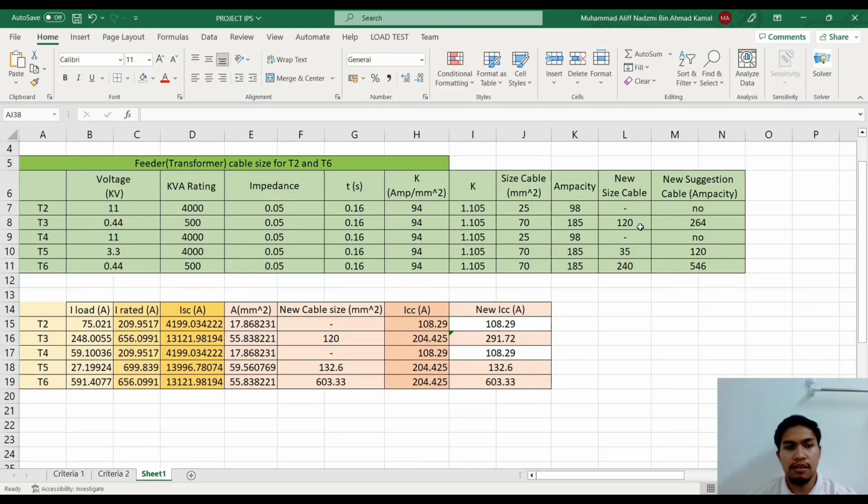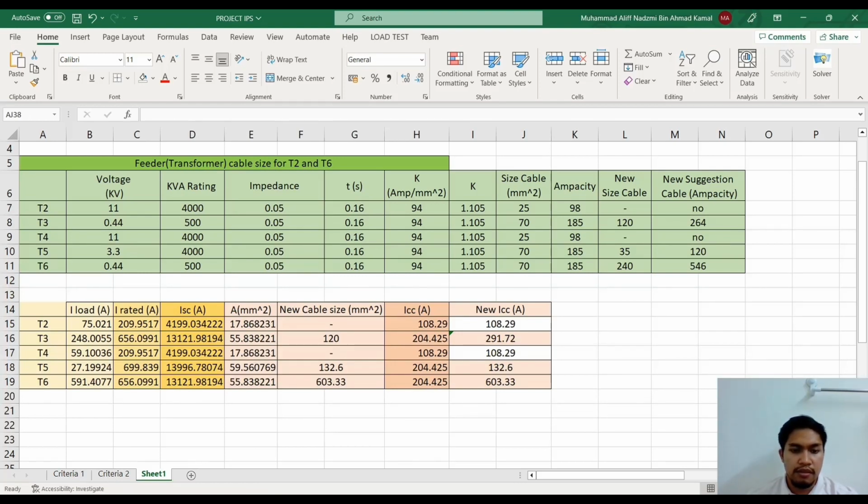For example, for T3, T5 and T6, we use an extra size cable with a bigger ampacity value, and then we will have a bigger current carrying capacity for T3, T5 and T6, which is bigger than the I load itself. So this makes the cable suitable for the system.